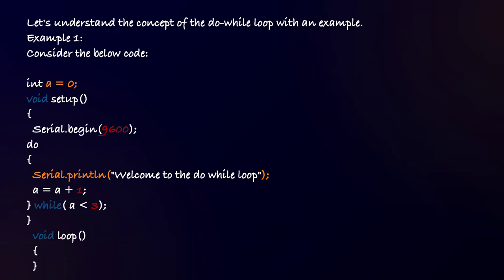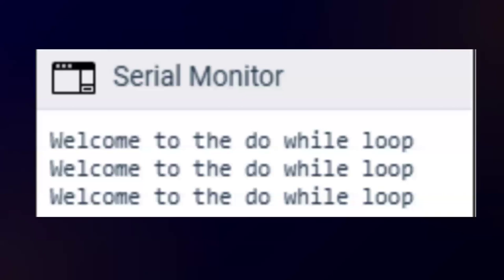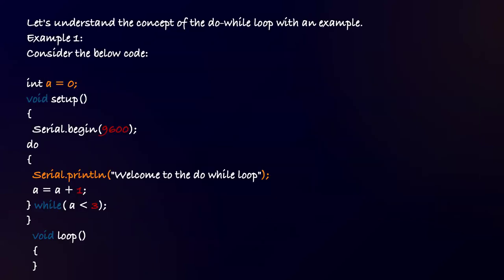Fine. a equal to a plus 1, while a less than 3. Let's see the output of it. Understood? Why the same? See, the only condition given is a less than 3. So it will execute 3 times. As simple as that.